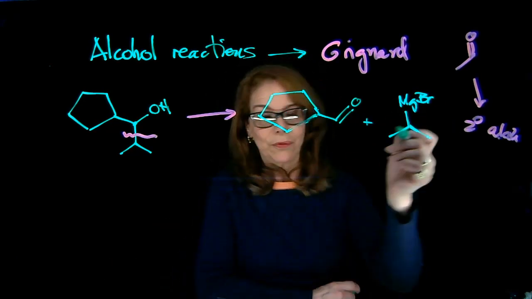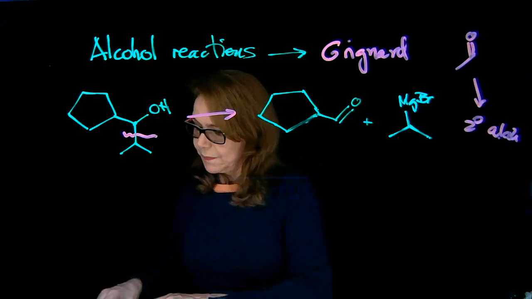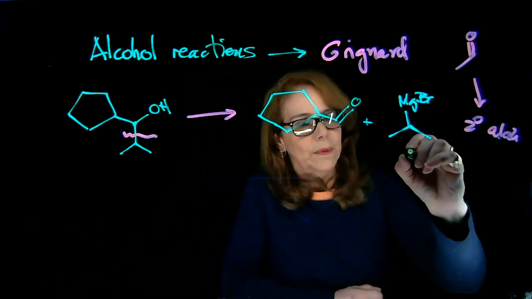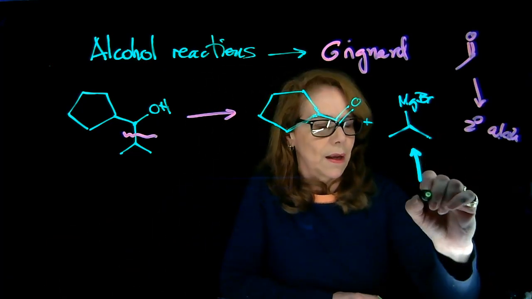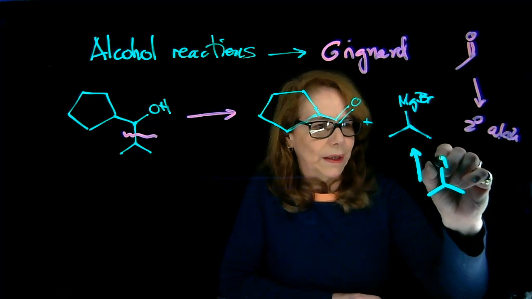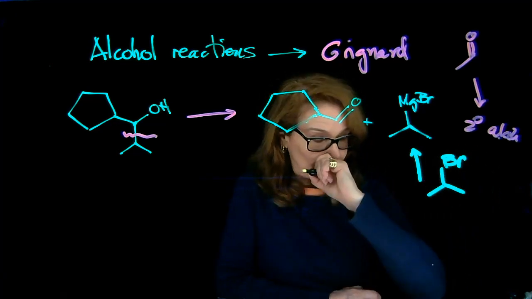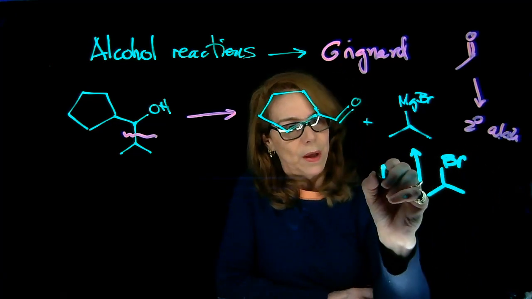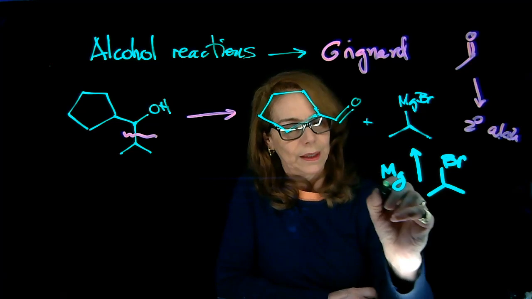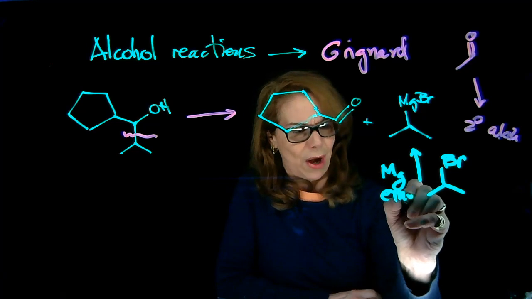And if I need to make that Grignard, I want to make it, so the arrow backwards, with the corresponding alkyl halide, and that is magnesium and dry ether.